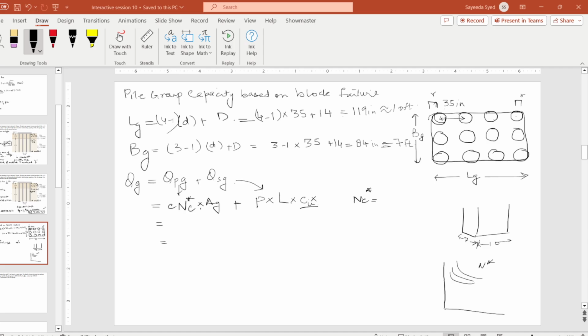Plus the perimeter will be 2 times L plus B into length. Actually, it will be divided into two parts.